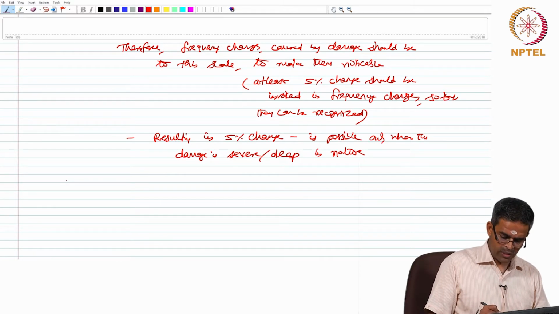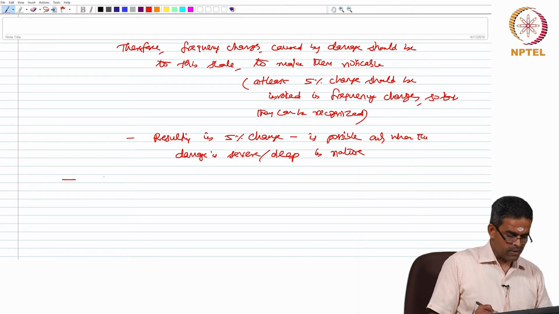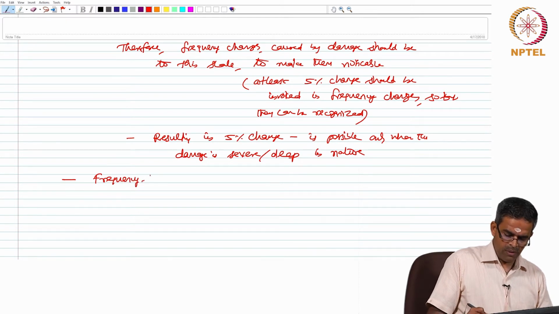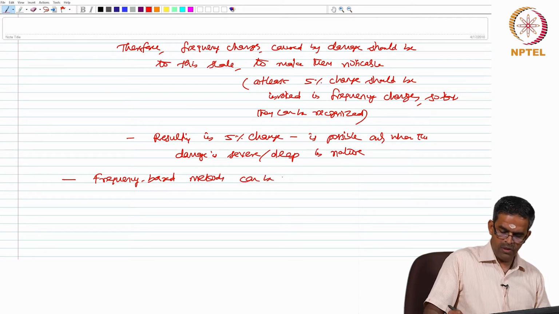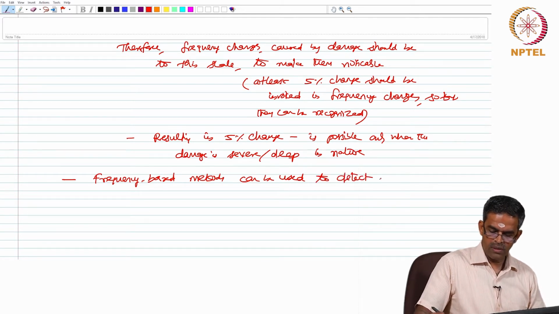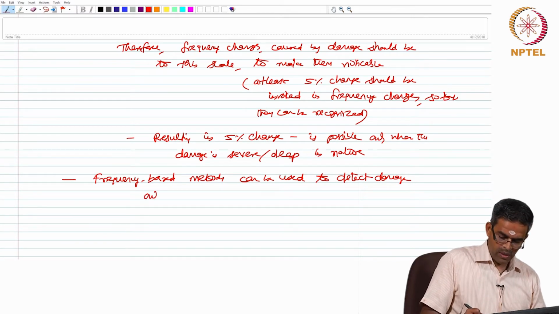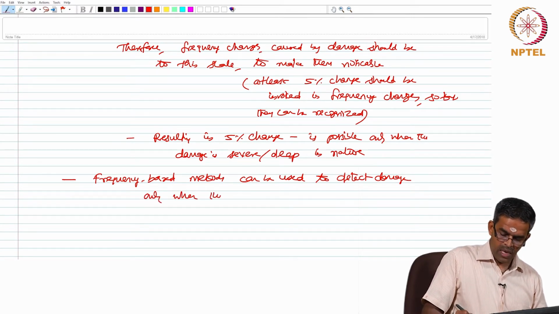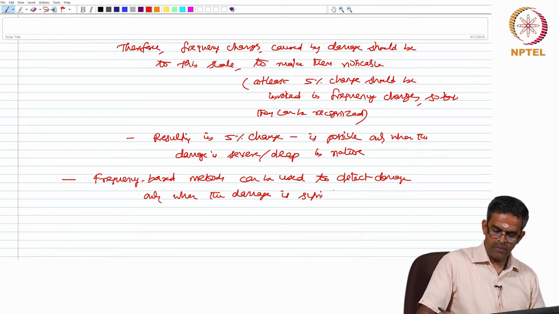So, we have a conclusion here saying that frequency based methods can be used to detect damage only when the damage is significant.